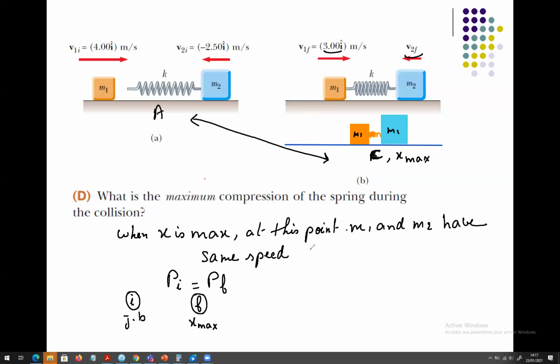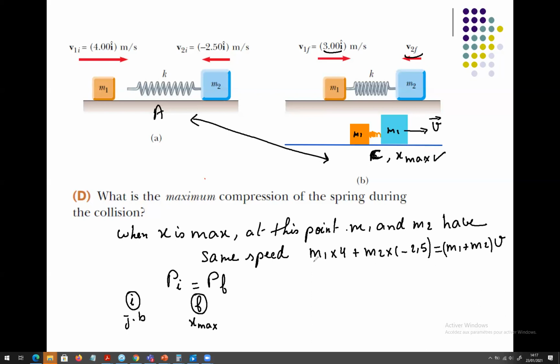Initial here, we have M1 times 4, M2 times minus 2.5 equals, at this point, M1 and M2 have the same velocity V moving to the right. You can say V final, as you like. As you see here, we have all the values.